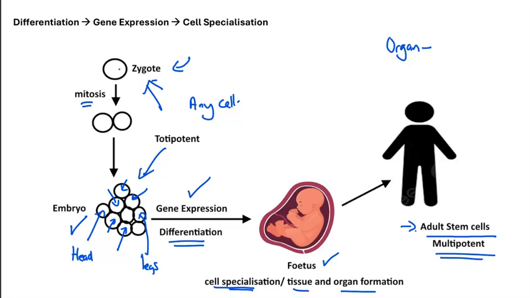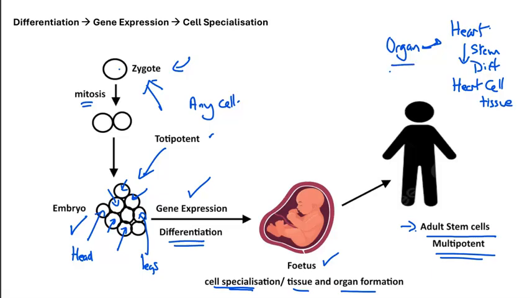Multipotent is different from totipotent in that, for instance, if we have adult stem cells of the heart, then at the appropriate time when the heart tissue has been damaged, those stem cells can divide, differentiate, and specialize to become particular heart cells and tissues.